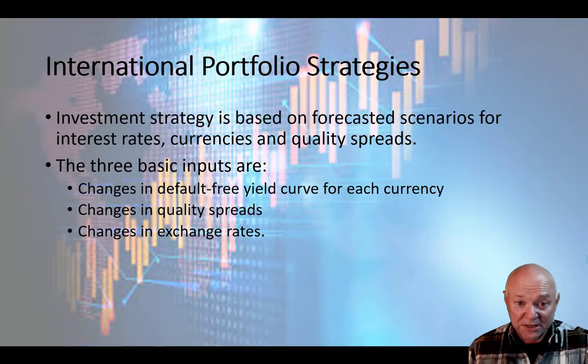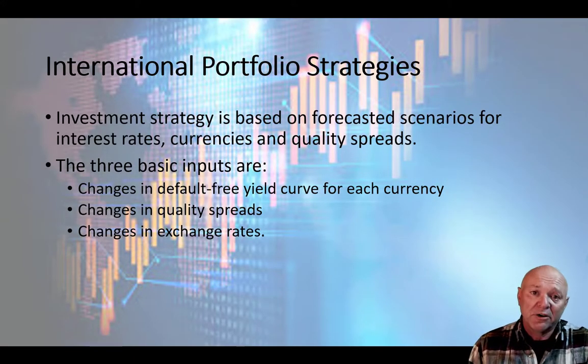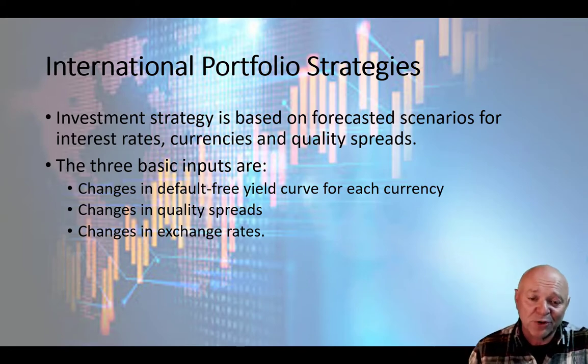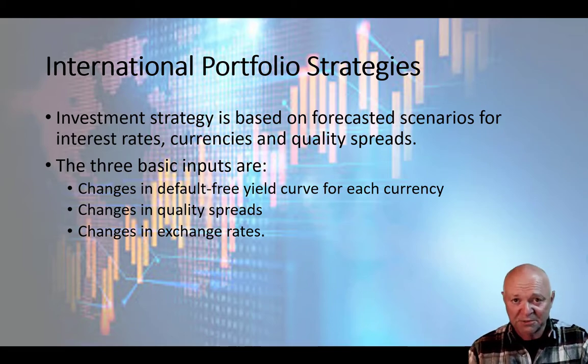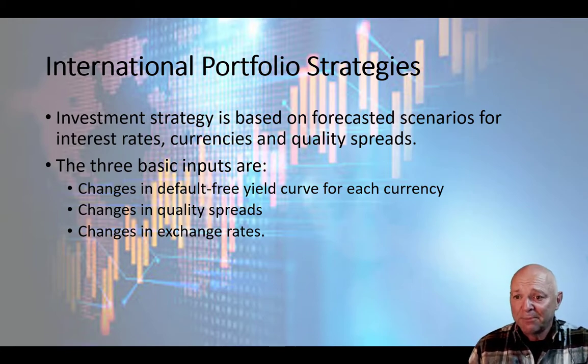So overall, we could say, thinking about our international portfolio strategies, our investment strategy is based on our view of the world. What is our scenario for the next month, the next year, the next decade? What do we think is going to happen to different levels of interest rates? What's going to happen to currencies? And what's going to happen to the quality of the pool of available investments?